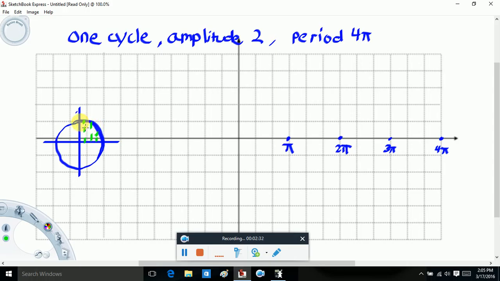and then a quarter of the way through it reaches its maximum at whatever the amplitude is.